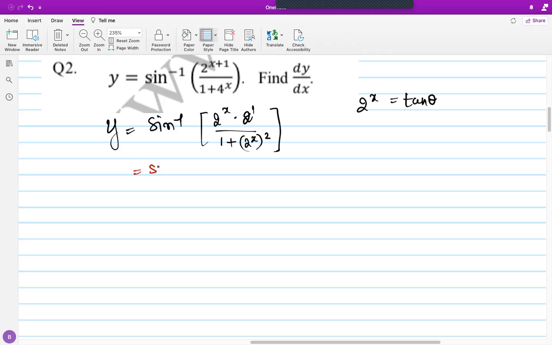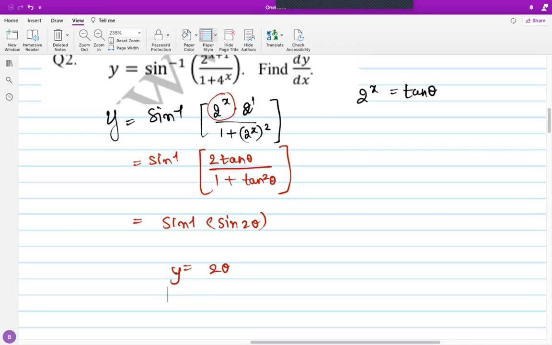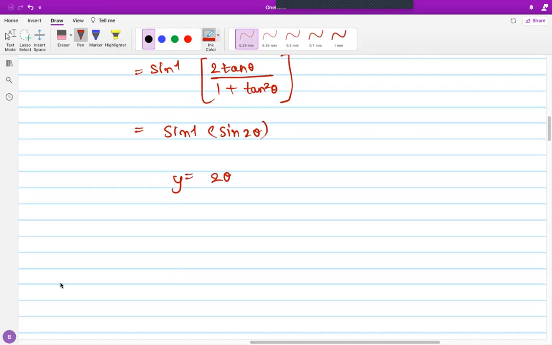So sine inverse of 2 tan theta divided by 1 plus tan square theta. Now it's very easy: it is sine inverse of sine 2 theta, which is equal to 2 theta. So y is equal to 2 tan inverse of 2 to the power x, since theta is tan inverse of 2 to the power x.